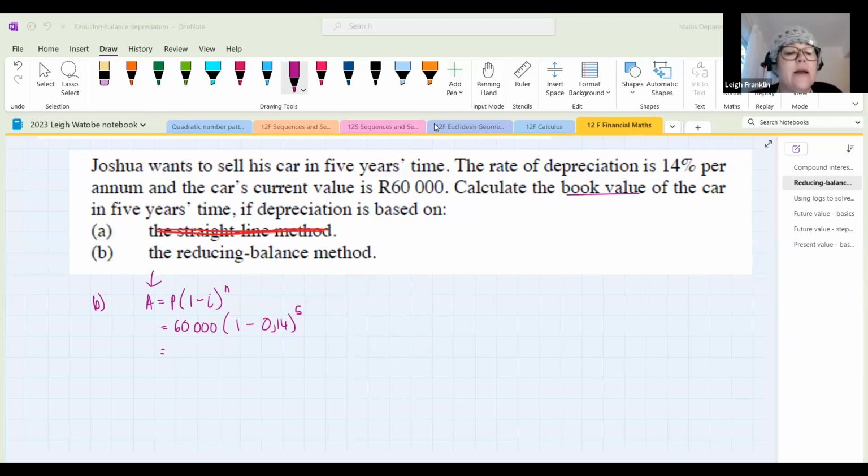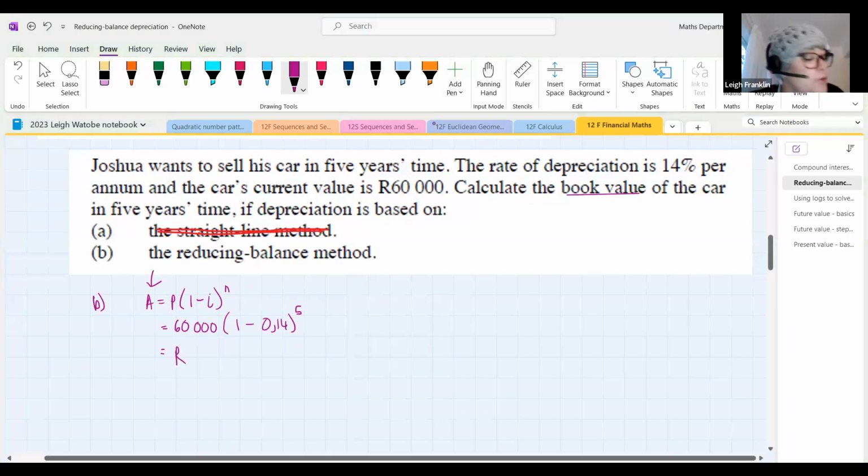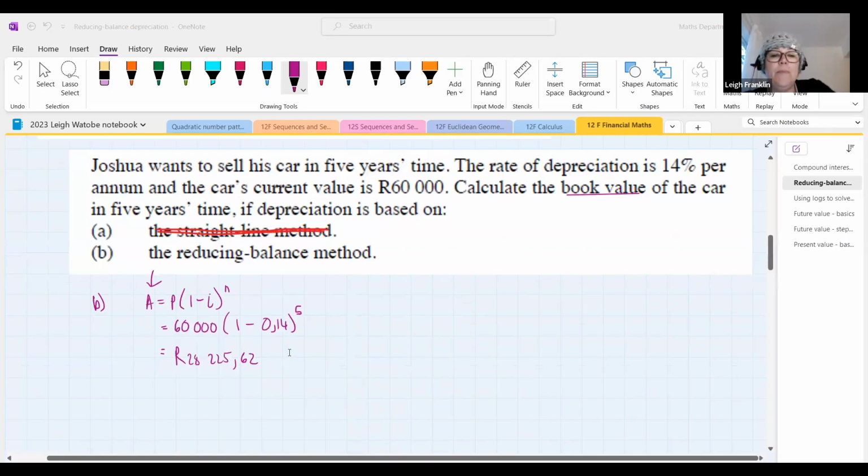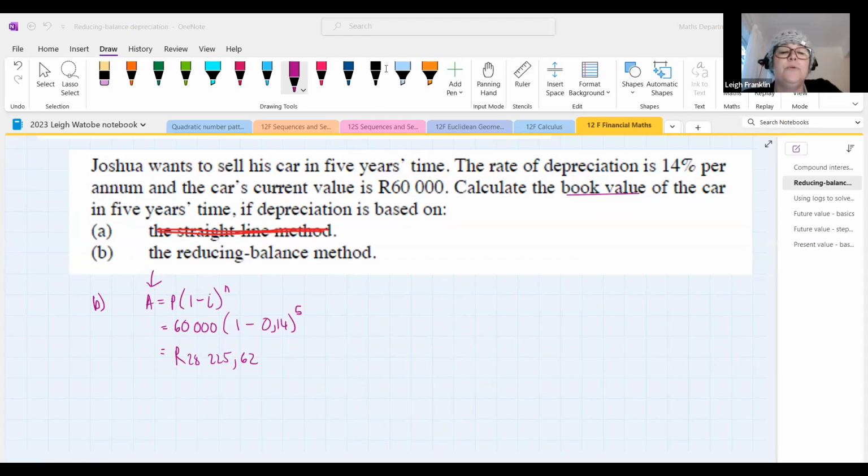Indeed, and I get the same answer. So after a period of 5 years, Josh's car is worth 28,225 Rand and 62 cents on the reducing balance method. Pretty straightforward. Everybody happy with that? Any questions? Well done, Boitumelo.